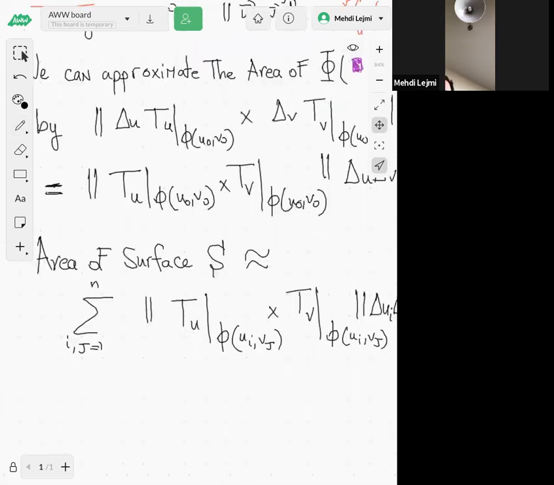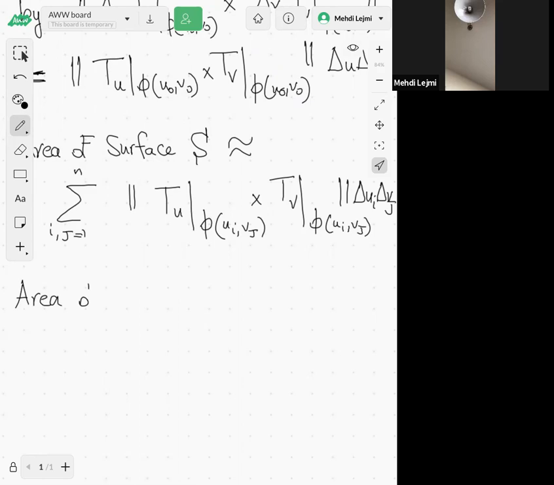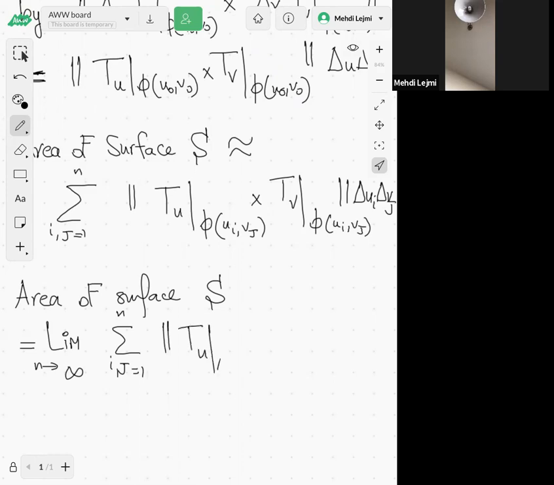And so, of course, the idea would be to take the limit when n goes to infinity. So then the area of the surface S is actually the limit as n goes to infinity of this sum here, the cross product again.